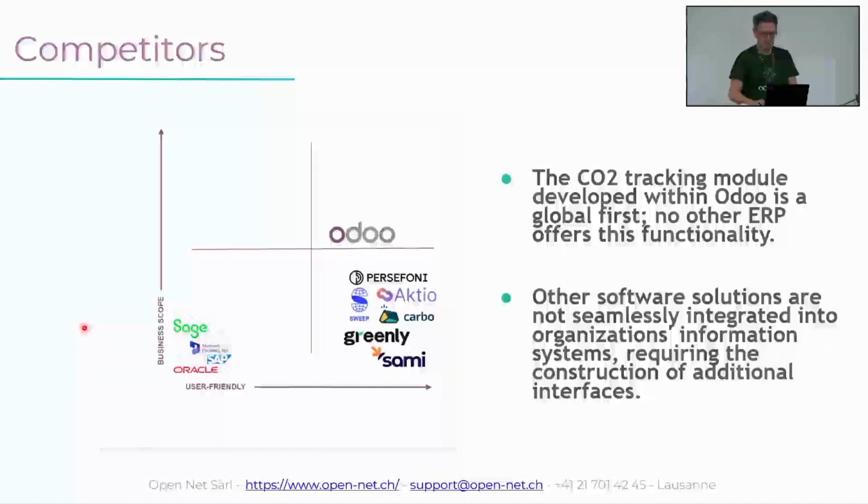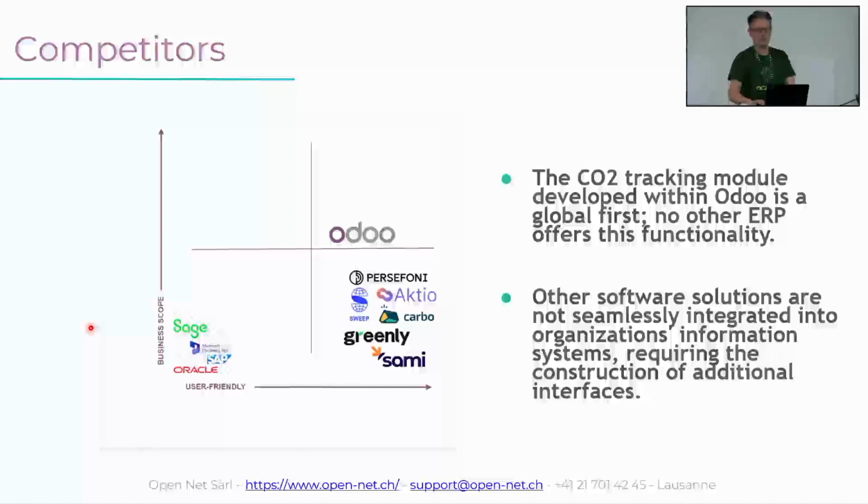This is the market today in terms of competitors. So there are a lot of startups at the bottom right with super nice glossy tools where you can slice and dice, drill down, roll up, whatever you want to do. But still, the problem is to get the data. So you don't have your big spreadsheet anymore, but you still need to get the data. Bottom left, you see all the other ERPs.